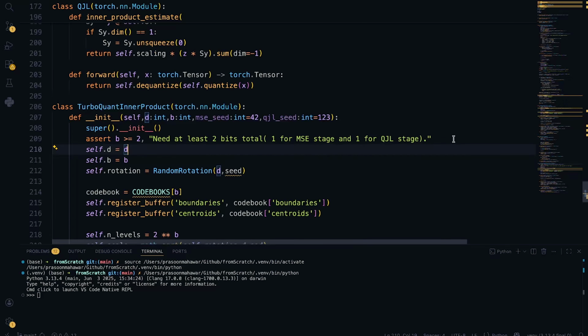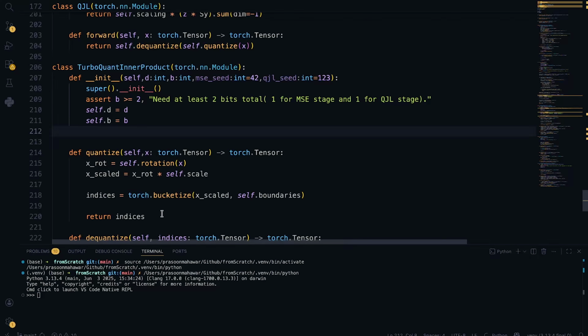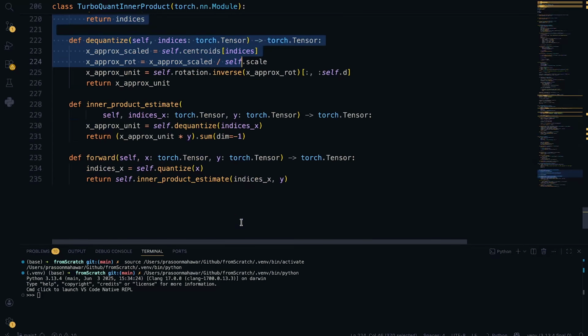Then we initialize self.d and self.b, and no rotation. Let me remove everything else as well.